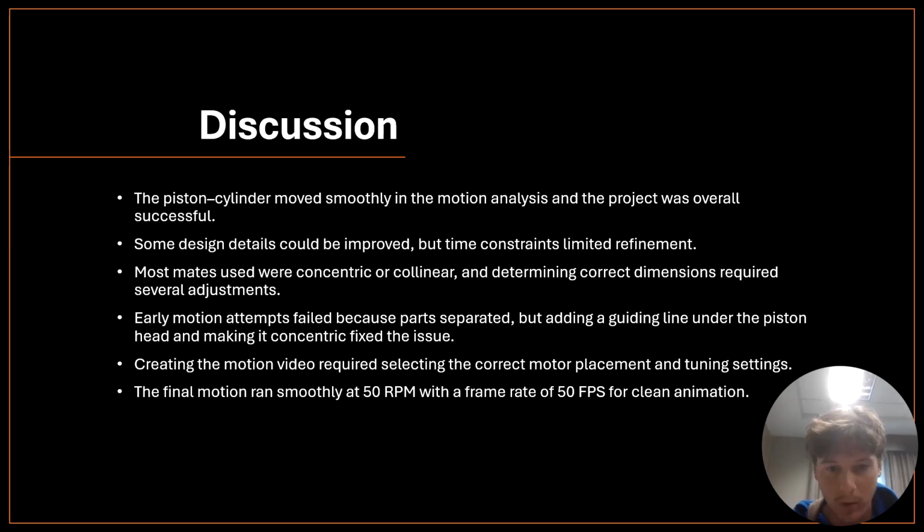So that was helpful for fixing the piston head problem. And creating the motion video, which was not on here, required selecting the correct motor placement and tuning settings. And finally, the recorded motion ran smoothly at 50 rotations per minute with 50 frames per second for a clean animation.